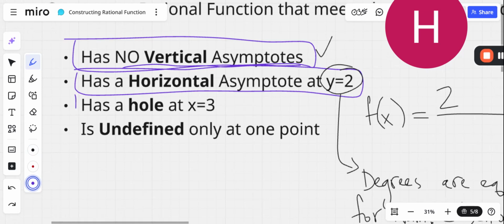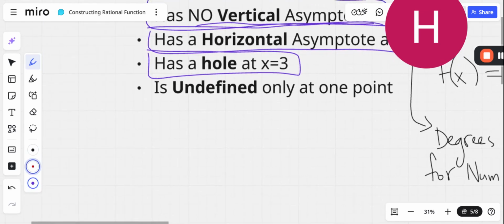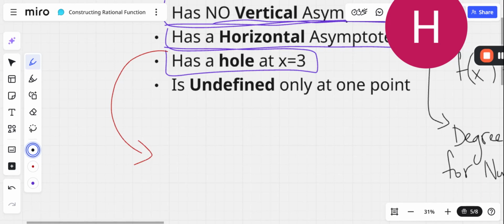Now, this third part is one of the more telling features. We have a hole at x equals 3. So what's the factor that's involved? I mentioned there has to be a common factor for there to be a hole, but I didn't really describe how to directly interpret the location of the hole with what the factor looks like. It's very simple.